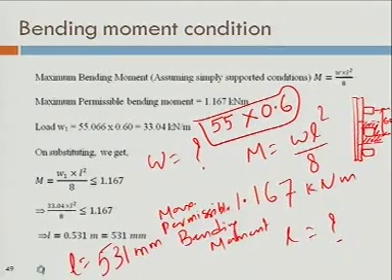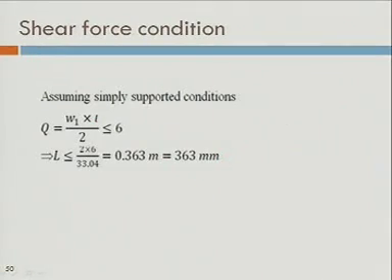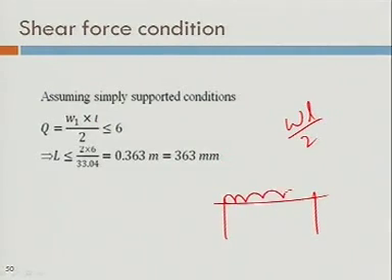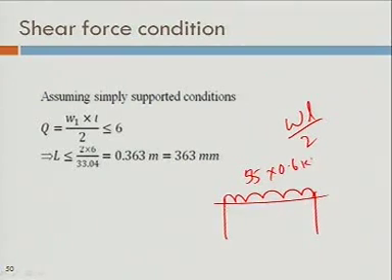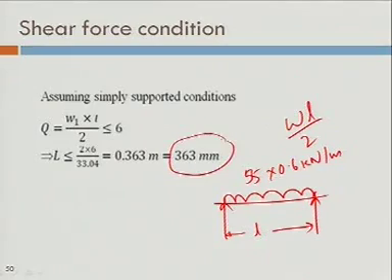Okay. Based on shear, shear would be simply WL by 2, because this is a simply supported member here. You have this load as 55 into 0.6 kilonewton per running meter. You can calculate the value of this L. So, I think you should be getting 363 millimeter.